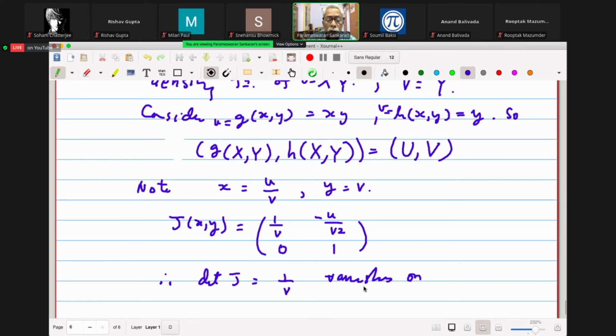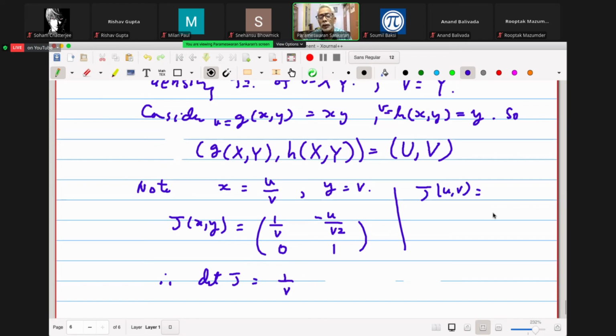Well, okay, actually 1 by v doesn't vanish, but it's undefined. If you find the Jacobian for the other one, u comma v, then you will find the zero locus of this.